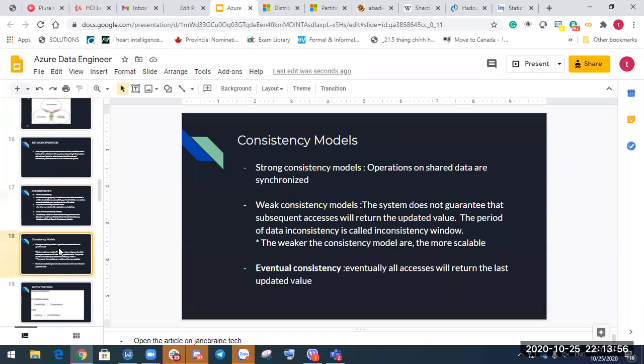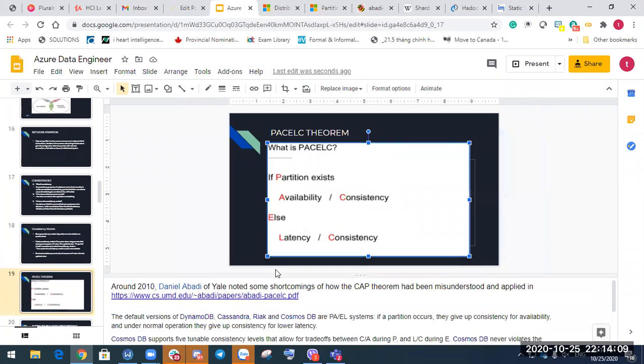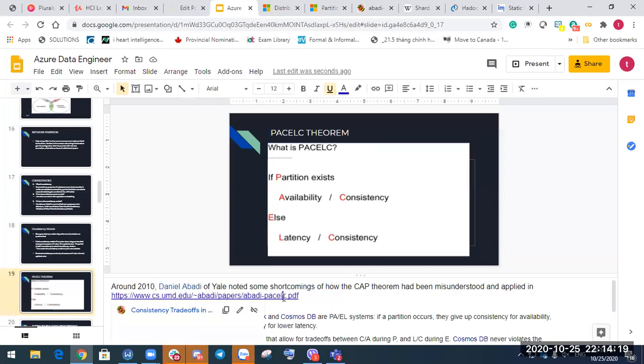And consistency models, PACELC theorem, which is one of the concepts that I mentioned today. I think I have given enough information explaining these, and I have also written a footnote down here, and also the original paper if you are interested in learning more.